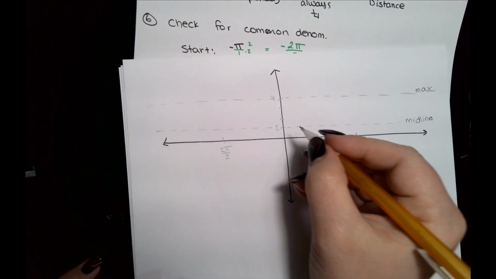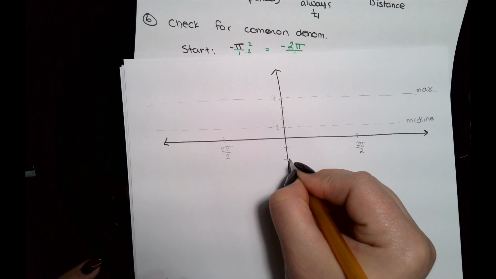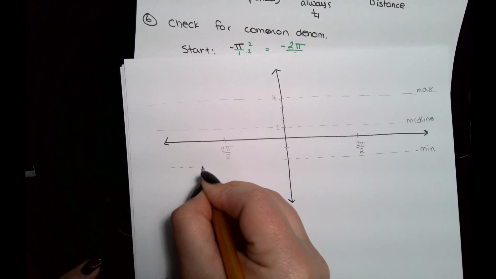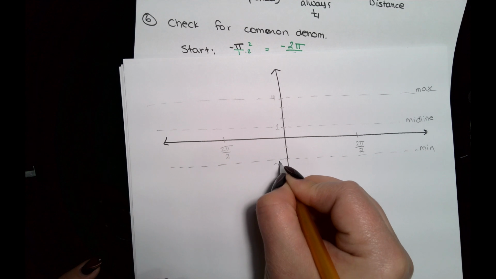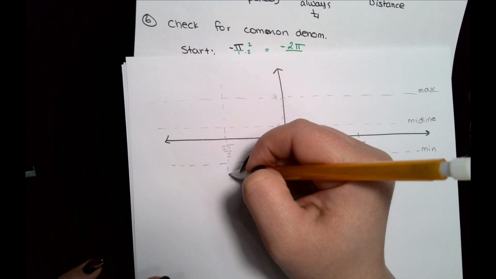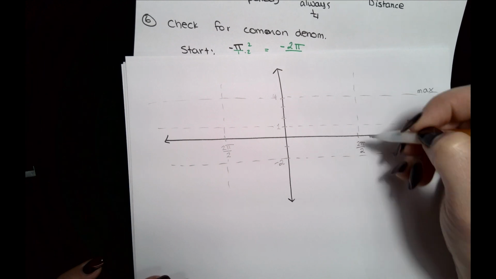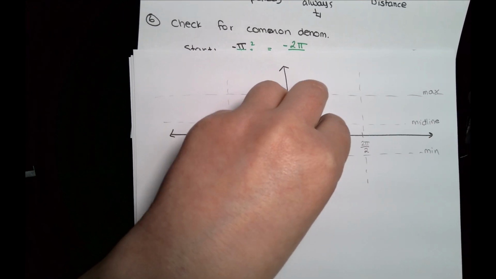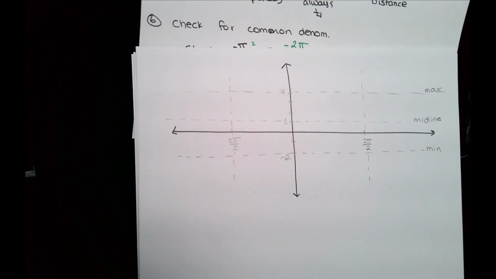And we have 1, 2, 3. Our minimum value is at negative 2. Again, these are not asymptotes. These are just markers for us to help zone in where one cycle is going to be. So one cycle is going to be right in here.